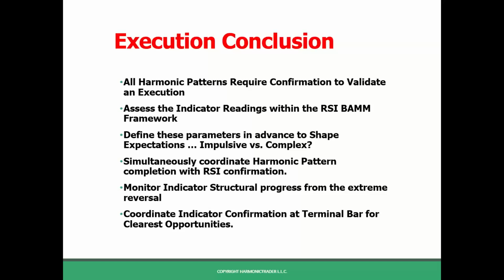Where does that red line or that green line stop? What does that mean? We're monitoring the structural indicator progress as much as price action. This will come with experience, but we'll coordinate that indicator confirmation at the terminal bar or just beyond for the clearest opportunities.